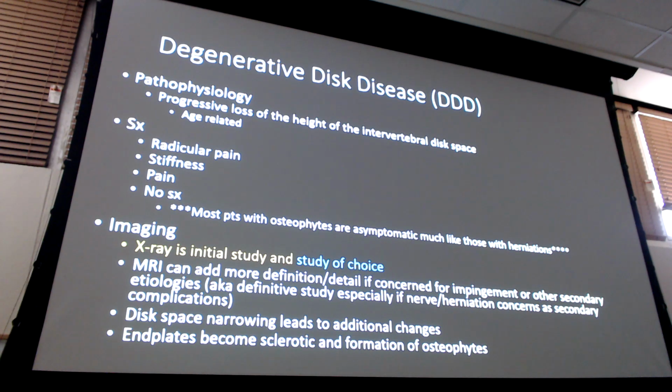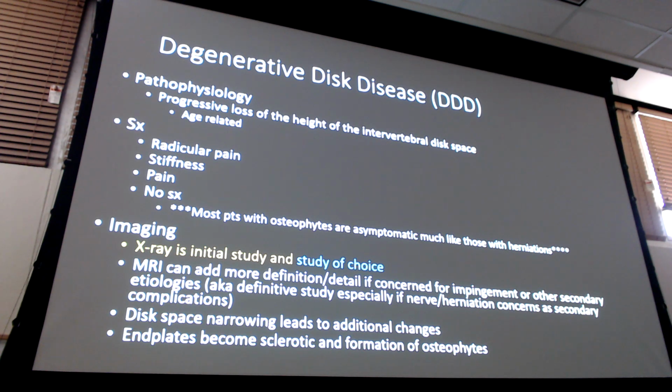Yes, MRI can add more detail, but that's really only if you're concerned about some kind of impingement on a nerve or a ligament or something that's causing some of the pain. You're not looking at it for the degenerative disc disease, you're looking for the impingement on that soft tissue structure, right? So, X-ray. It's almost always age-related, right?